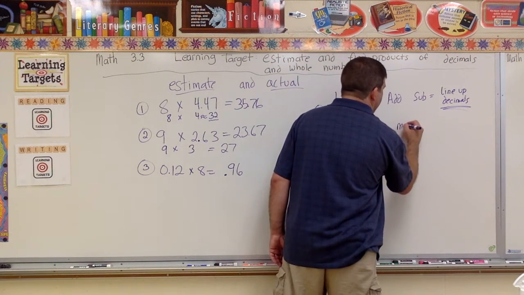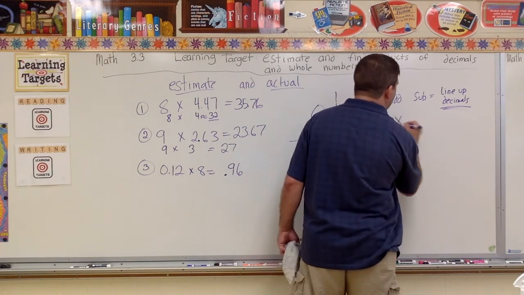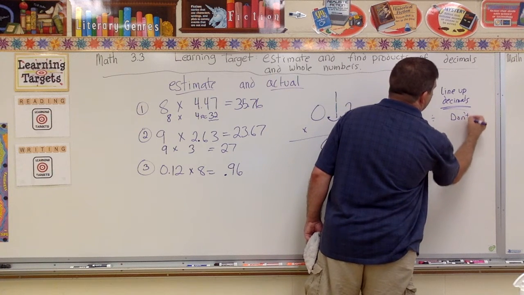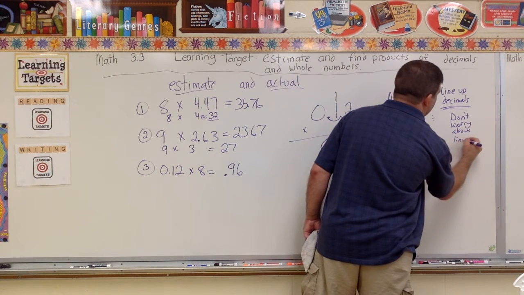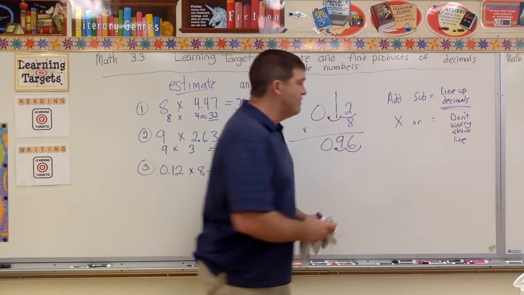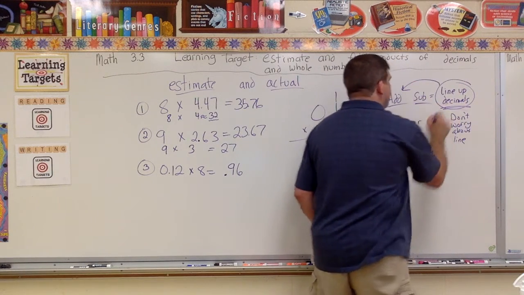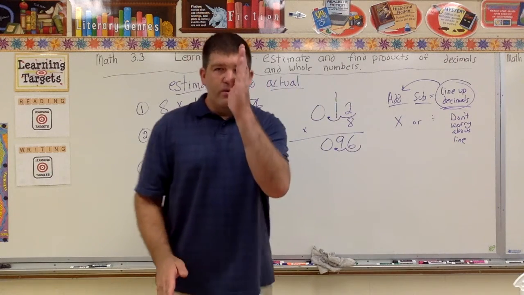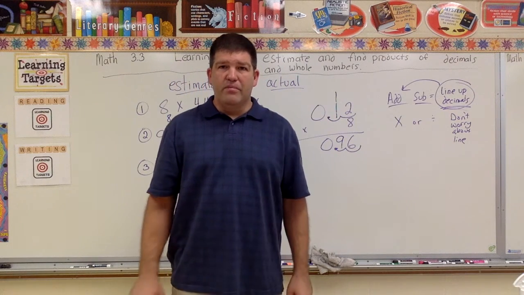When you're multiplying or dividing, you don't worry about the decimals being in line. You don't worry about that, okay? So I really want you to remember when you're adding and subtracting decimals, you line that decimal up. It'll put you in perfect place value. You'll have it all lined up, and you'll be good to go.